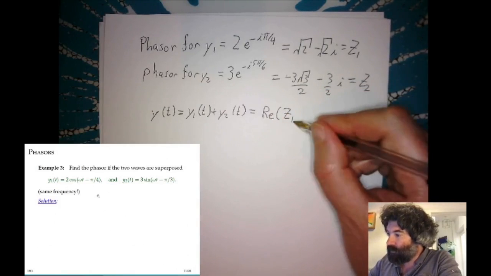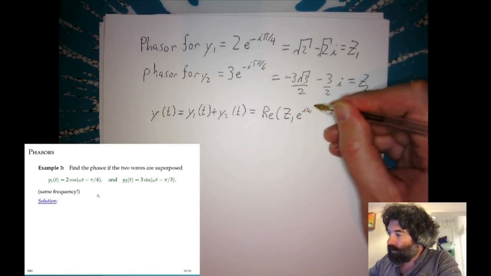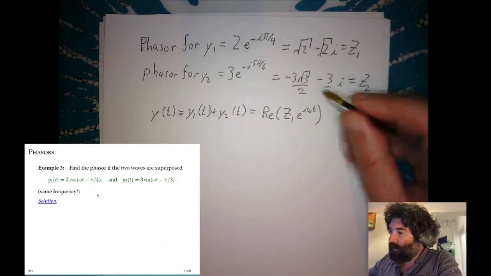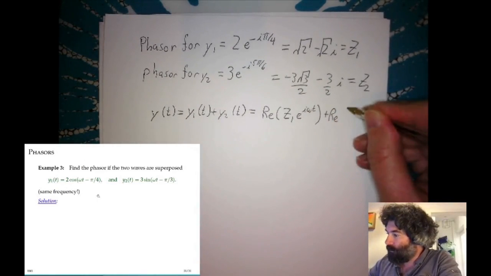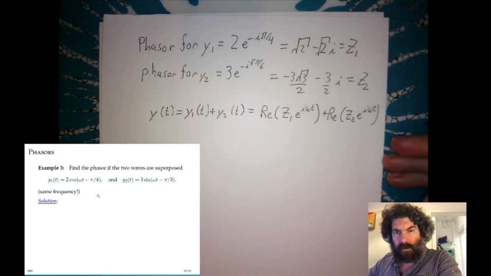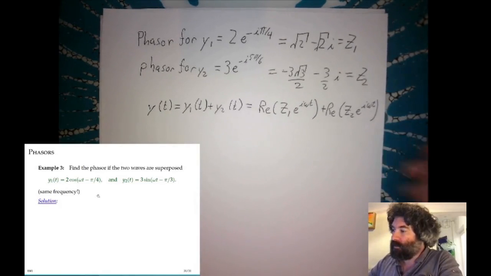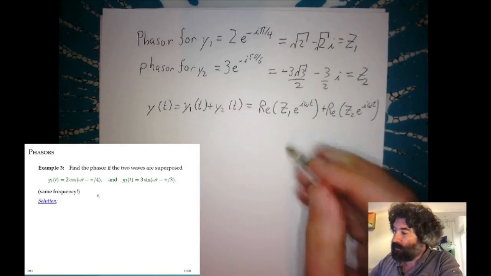So the phasor for y1 is z1, e to the i omega t. And y2 is similarly the real part of the phasor for y2, z2 times e to the i omega t. All right, and so the sum of real parts of complex numbers is the real part of the sum.